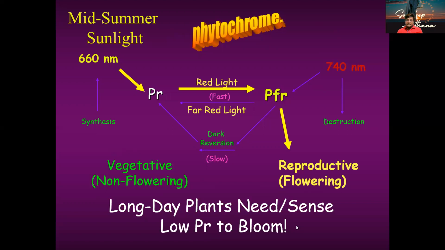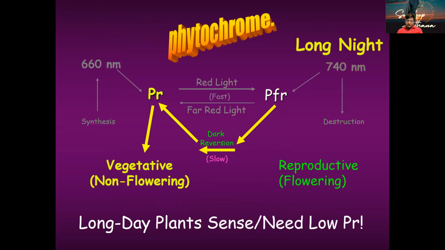So low PR is required for the long day plant, and high PFR. Let's see it in another part, the long day plant. Look at what happened: if the PR is there, it's going to be the vegetative phase, and if there is more PFR, it is going to be reproductive.